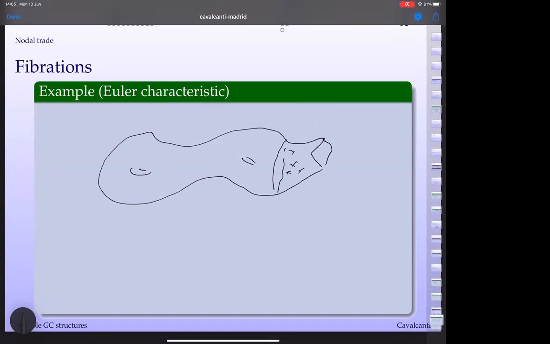Okay. So I can look at this because the Euler characteristic has this additive property, right? To compute the Euler characteristic of the whole thing, I can consider first this part, and then the intersection. In this part, I just have a torus fibration, so that has a 0 Euler characteristic.